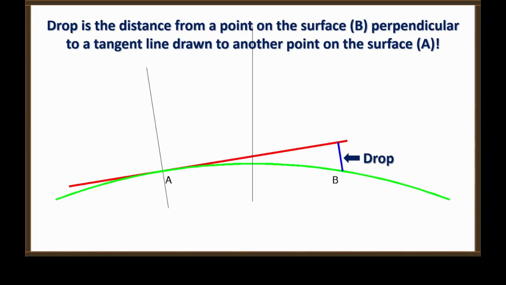Drop is defined as the distance from a point, like point B, perpendicular to a tangent line, like that red line, that's tangent to another point on the Earth's surface, like point A over there. And there's a very simple formula that we can use to estimate how much that drop should be. That formula simply says drop is approximately equal to 8 inches per mile squared.